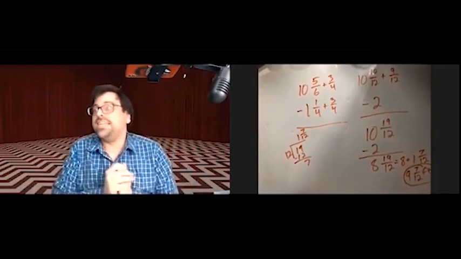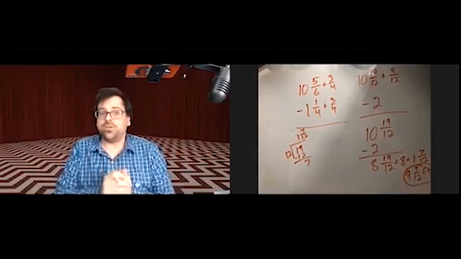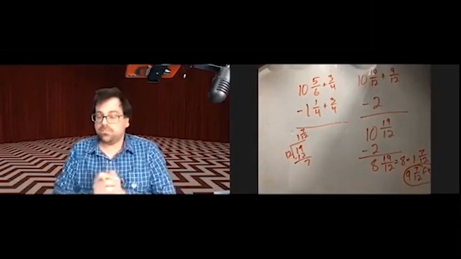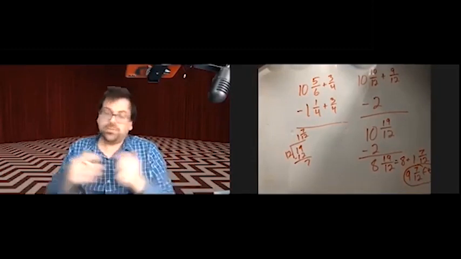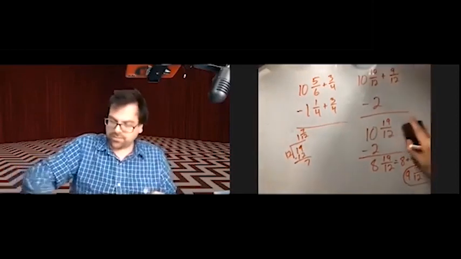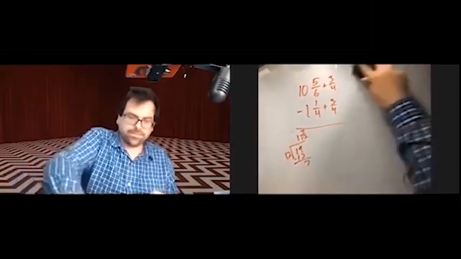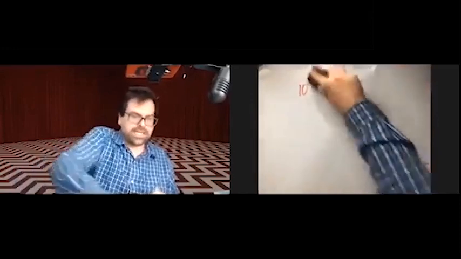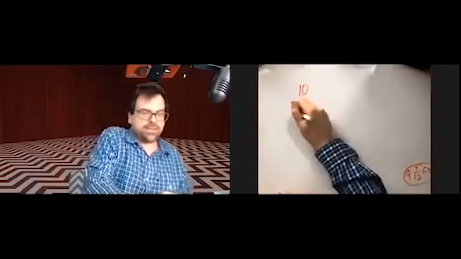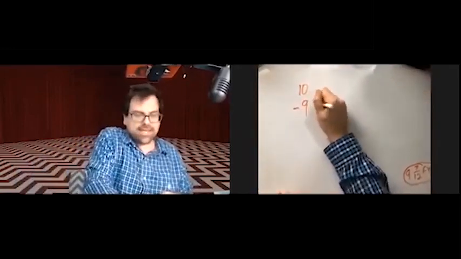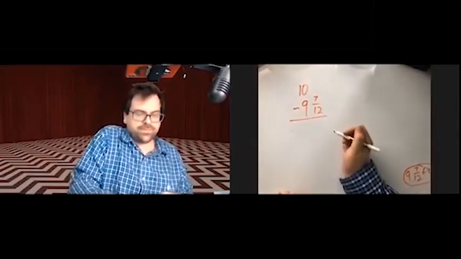Is that enough if she needs a 10-foot piece? No, it's going to be short. By how much? Well, let's subtract. She needs a 10-foot piece, but she only has 9 7/12.